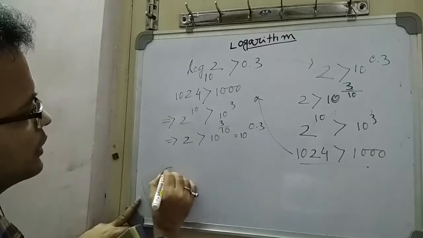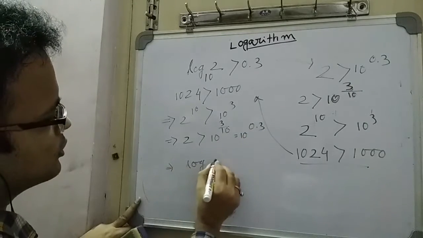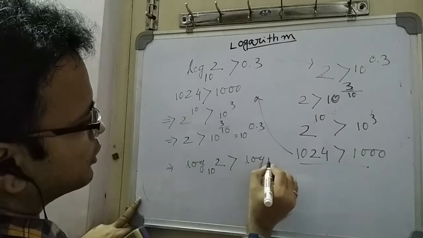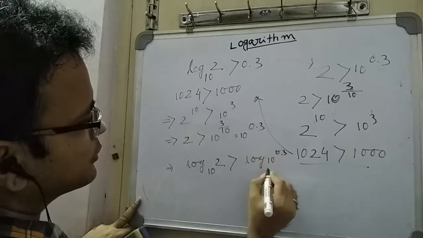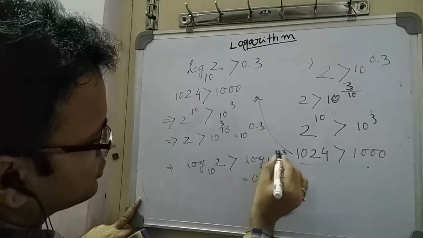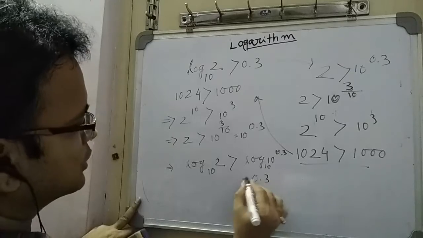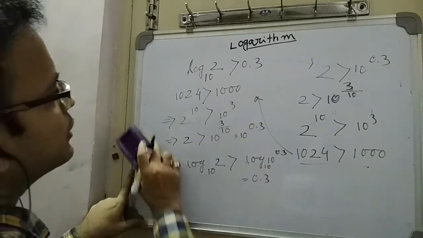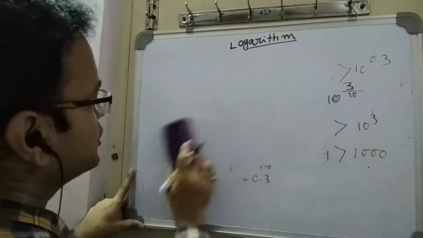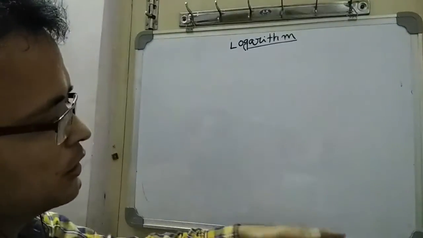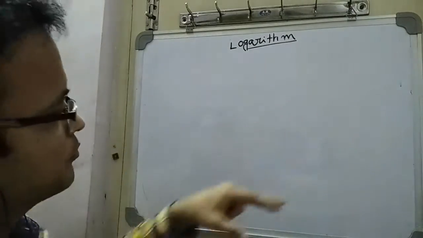Now I will take log on both sides, base 10. 0.3 comes to the front, and log 10 base 10 is 1, so log 2 base 10 greater than 0.3. This is proved.